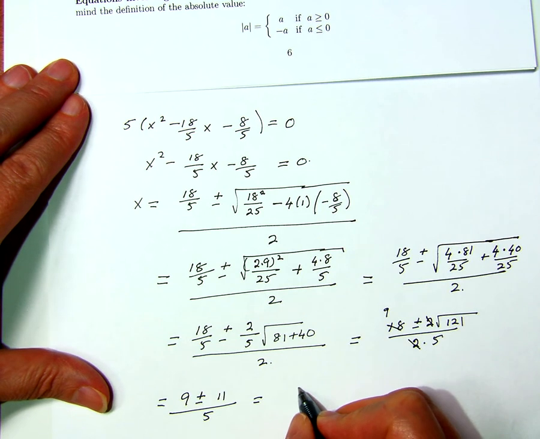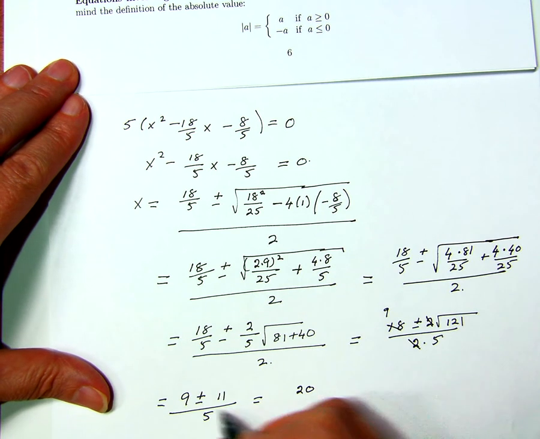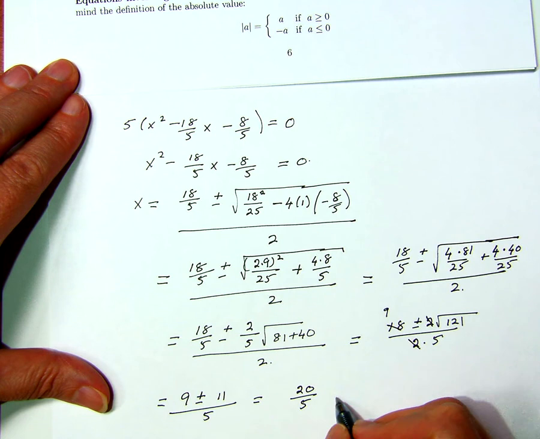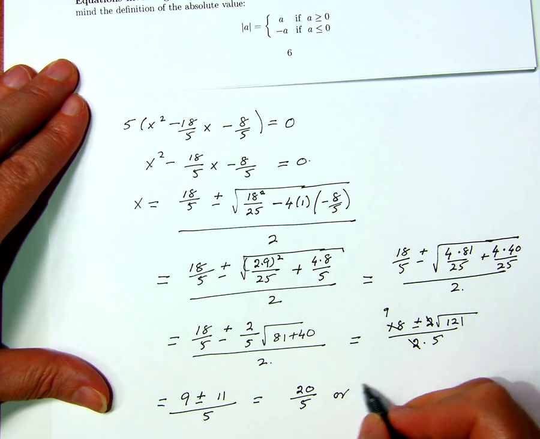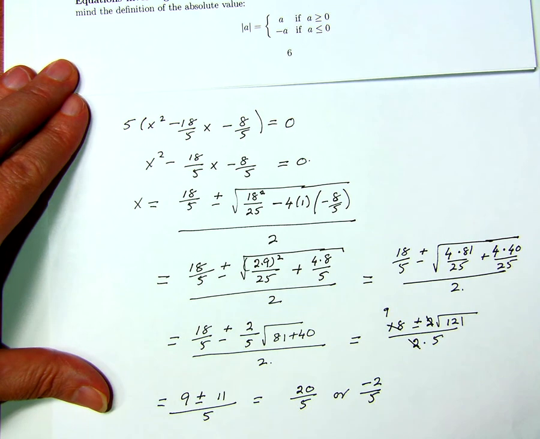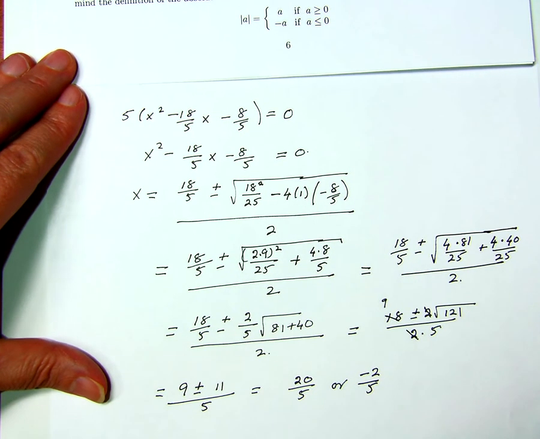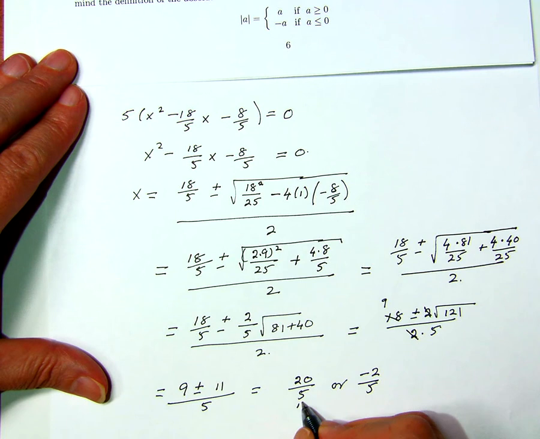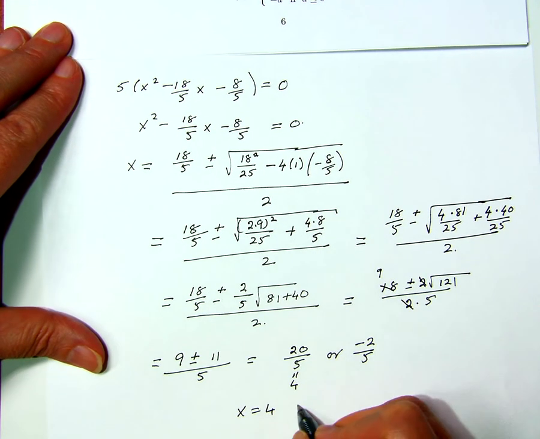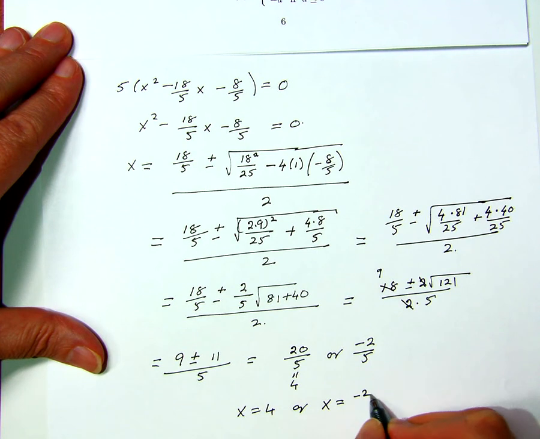And that's equal to either 9 plus 11, 20 over 5, or 9 minus 11, which is −2 over 5. So I have two solutions, x equals 4 here, or x equals −2 over 5.